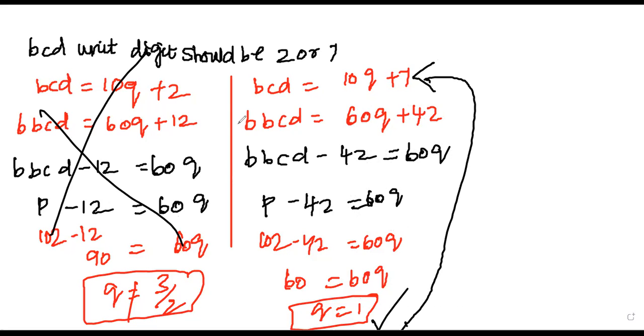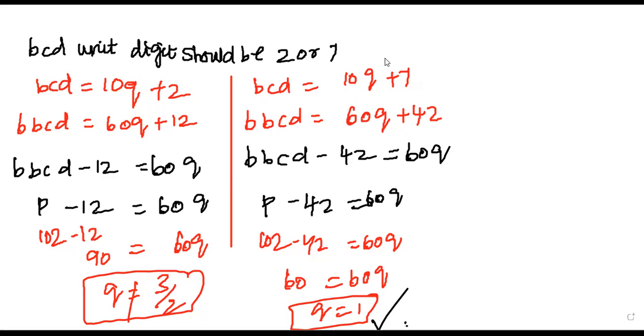Okay. So here you are getting some positive integer. So you can choose BCD as 10Q plus 7. Okay. I hope it is clear. I will write BCD equal to 10Q plus 7.